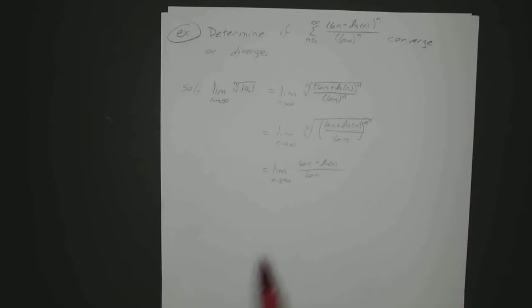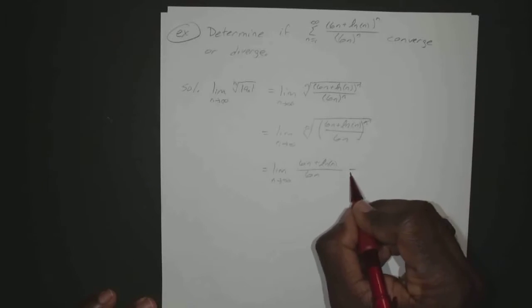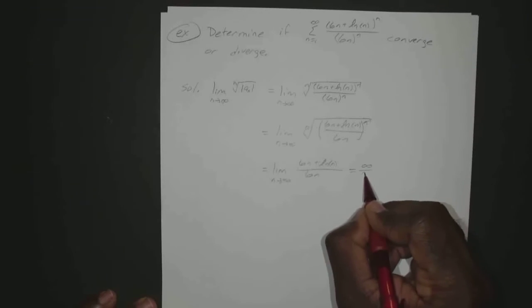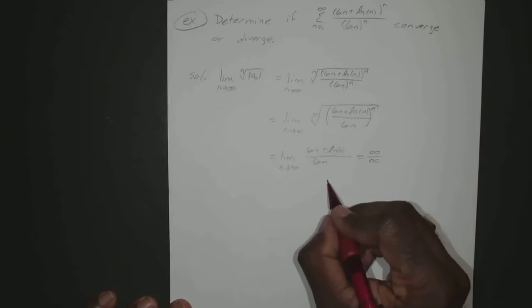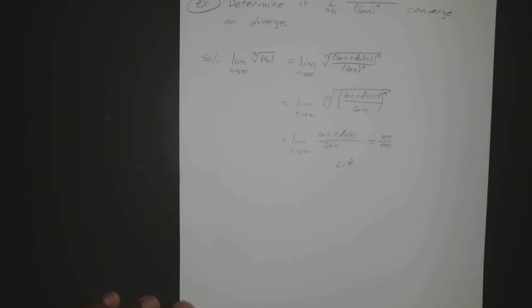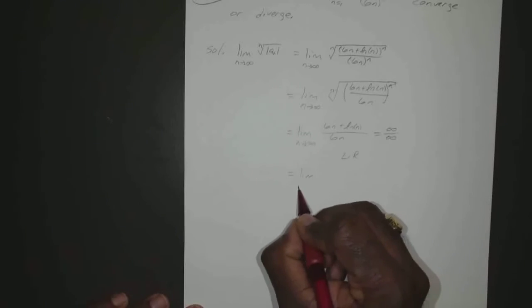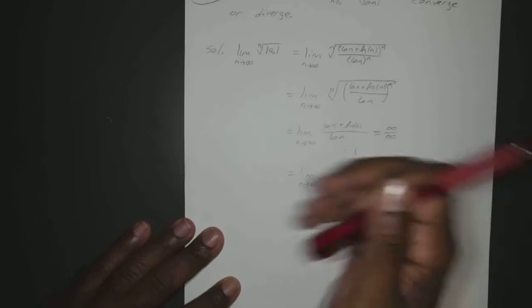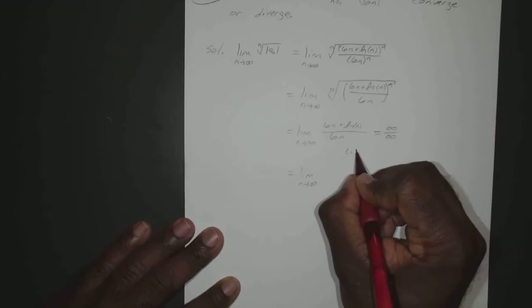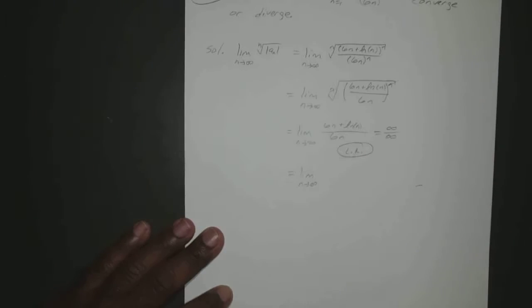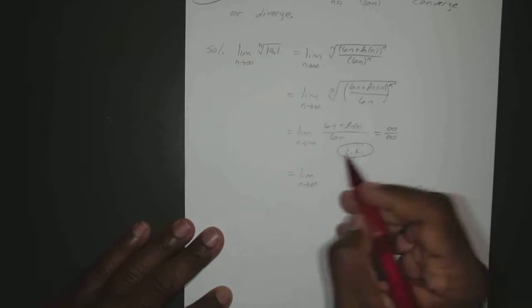Okay. And actually, if you did plug this in, you get infinity over infinity, which means you use L'Hopital's rule. So that's going to equal the limit as n approaches infinity. Okay, so if we use L'Hopital's rule, the derivative of 6n is just 6.